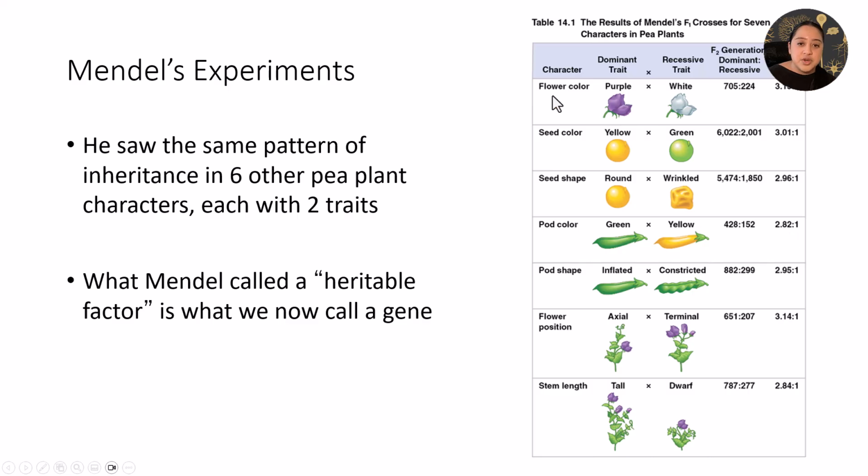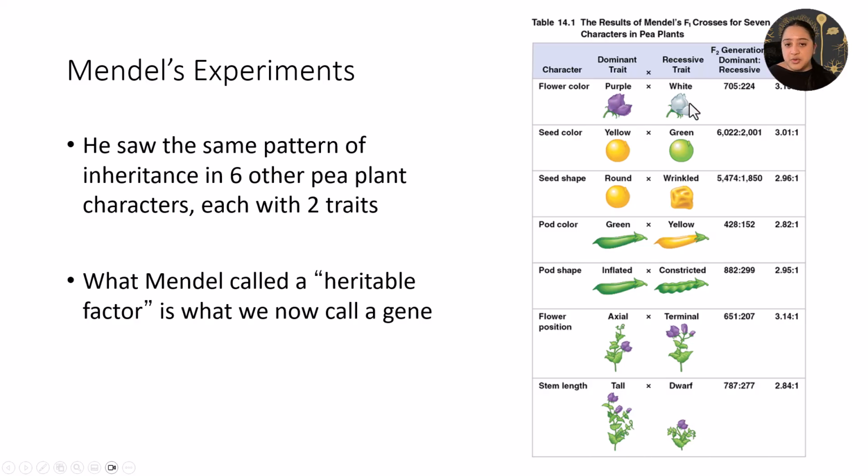The character of flower color, seed shape, pod color, pod shape, flower position, where the flower is on the plant, and then stem length. He saw this pattern with each of these characters, and each had 2 different traits, so 2 different forms.